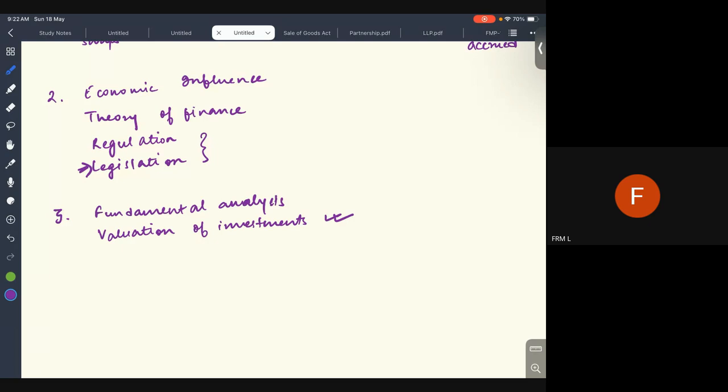And fundamental analysis. Now, in investment analysis, broadly there are two categories. First is fundamental and the second one is technical. Fundamental analysis analyzes investments on the basis of all the fundamentals of that particular issuer.